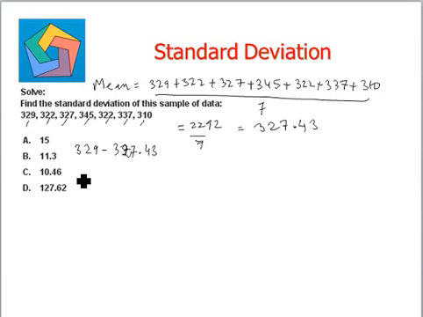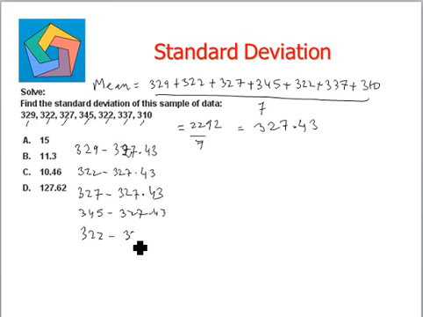We'll first write down all of them to avoid any mistake. 322 minus 327.43, 327 minus 327.43, 345 minus 327.43, 322 minus 327.43, that's the mean, 337 minus 327.43, and the last one 310 minus 327.43.